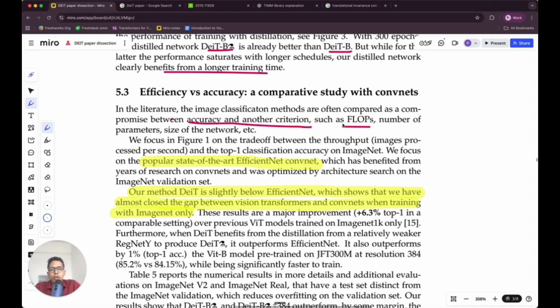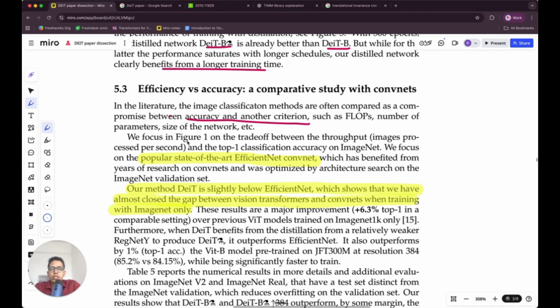Flop is floating point operations, or number of parameters. Accuracy versus number of parameters, accuracy versus flops, or accuracy versus size of network. We focus on figure 1 on the trade-off between throughput, which is images processed per second, and top 1 classification accuracy. This we already saw, that our data efficient image transformer could perform better than EfficientNet.